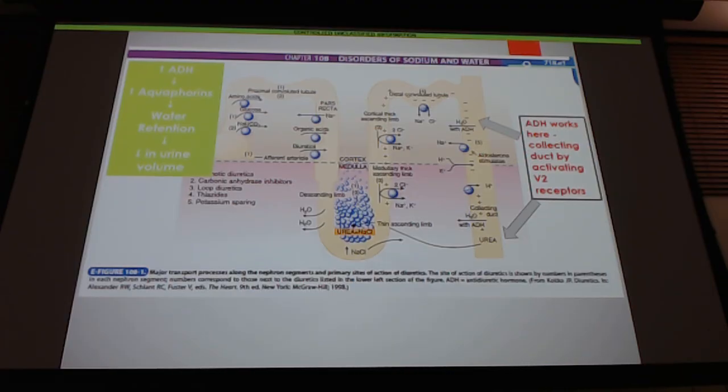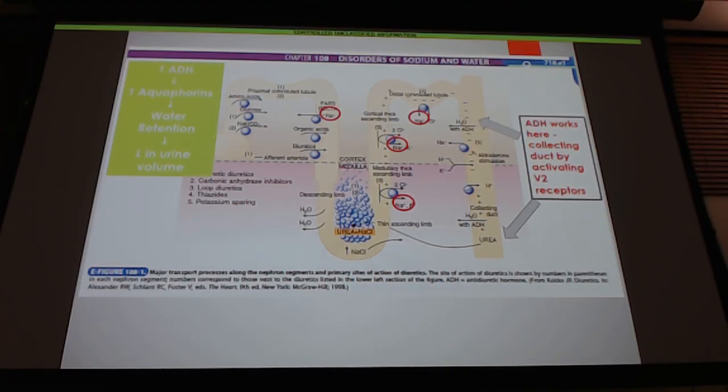So it's going to release ADH from the posterior pituitary gland, and then it goes all the way down to the collecting duct. As ADH levels go up, these channels called aquaporins go up, and so these channels come in the collecting duct, and it allows water to go back into the body. Okay. So that's essentially what is happening.